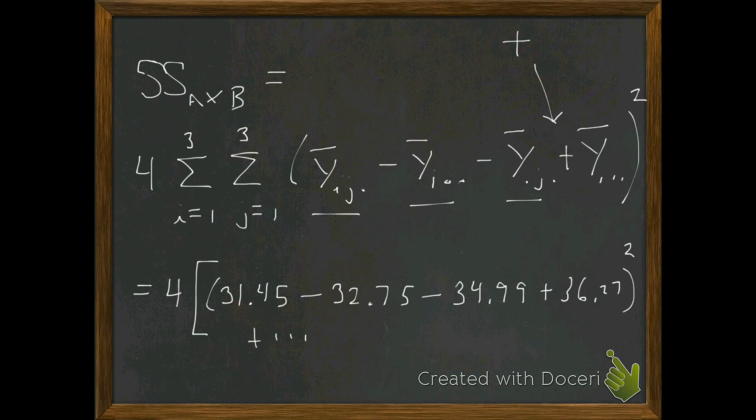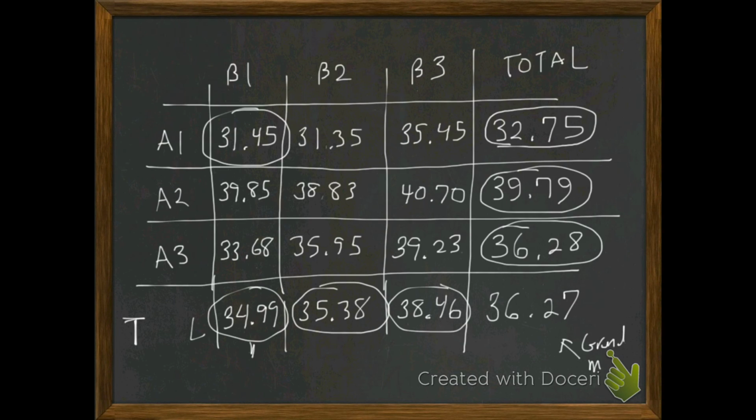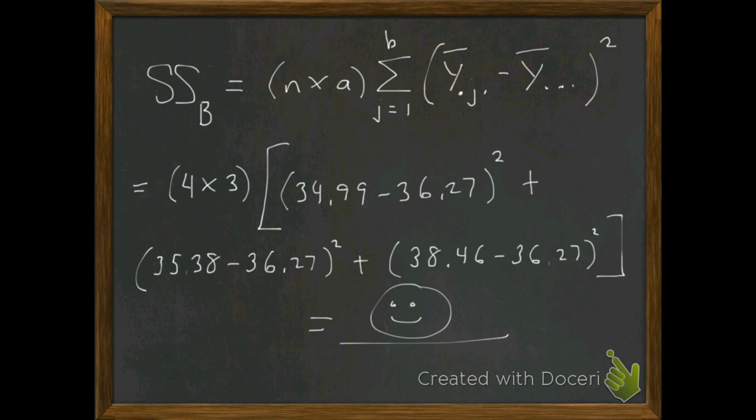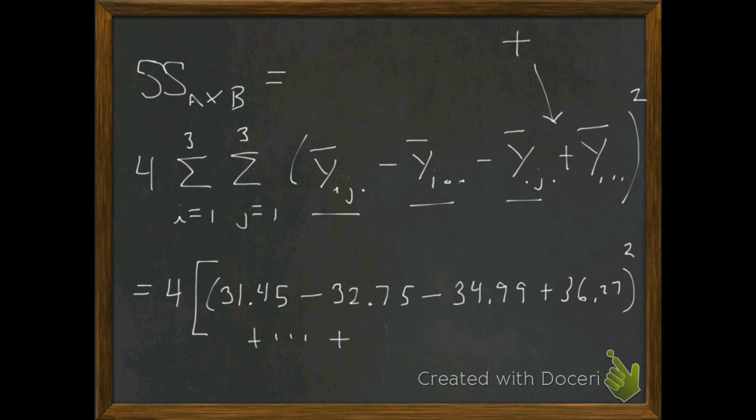Plus dot dot dot. The last entry we would have there would be 39.23 minus the row mean minus the column mean plus the grand mean, quantity squared. Okay?